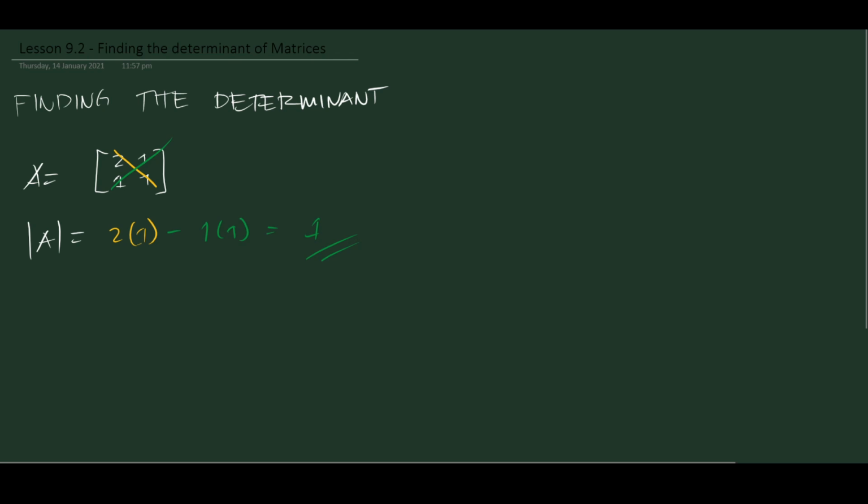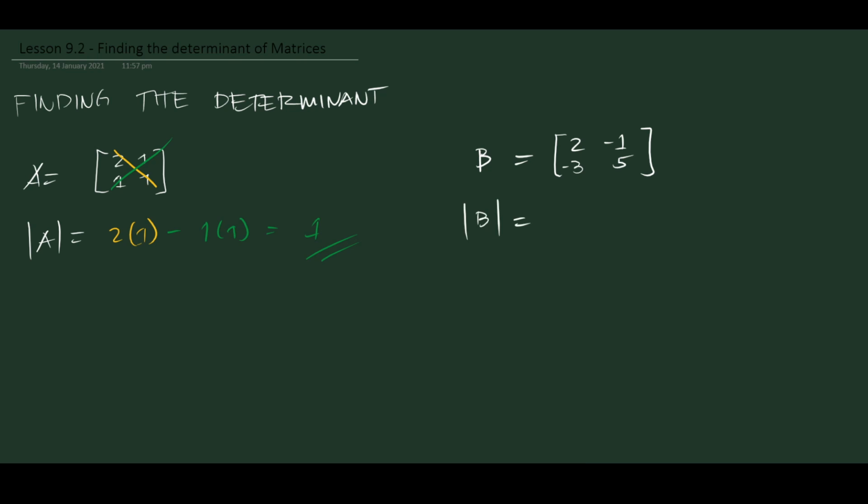Okay? So let's try another one. So we have here B. Matrix B is 2, -1, and -3, and 5. Sorry, this is the matrix. Okay, so let's get the determinant.